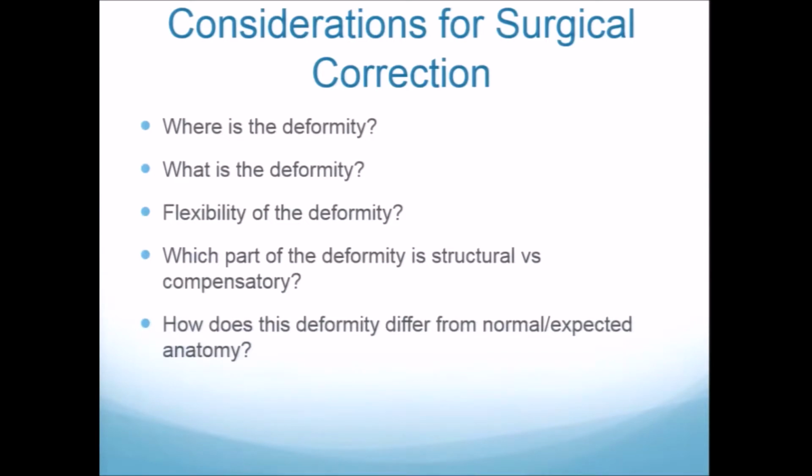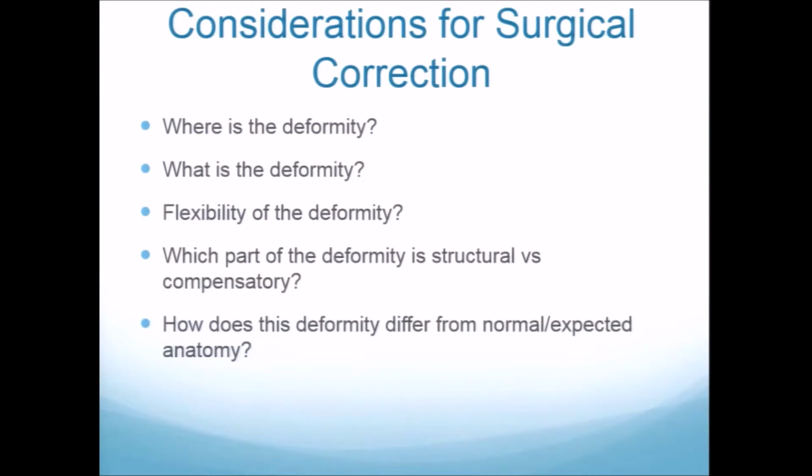So, considerations for surgical correction. Every patient is different, but some of the things we consider for just about everyone: where is the deformity? That's going to dictate what part of the spine we fuse and how much is necessary to fuse, and how that's going to affect you clinically. What is the deformity? Again, when we looked at the flat back, does that deformity cause flattening of the thoracic spine, which is supposed to have a little bit of a hump to it?